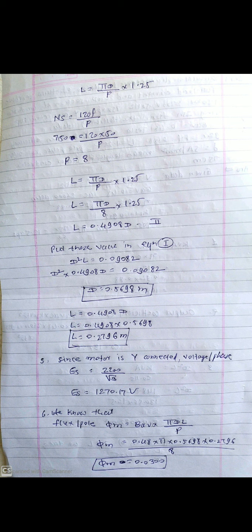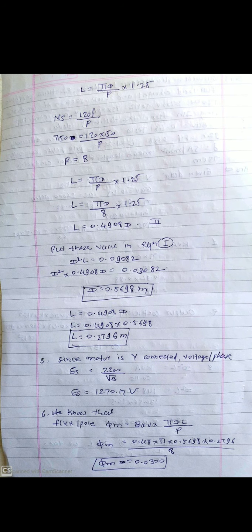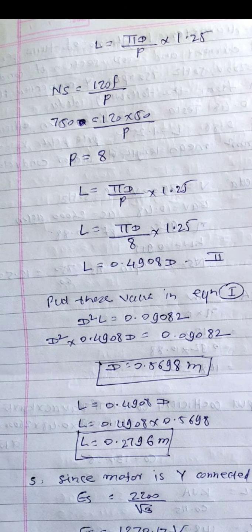The number of poles is not given, so we have to calculate it from Ns is equal to 120 F divided by P. Ns is 750, equal to 120 into 50 divided by P, so P will become 8.